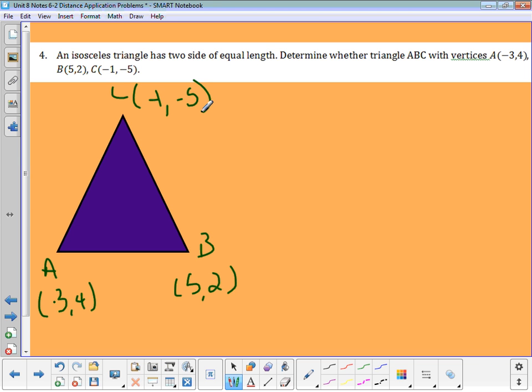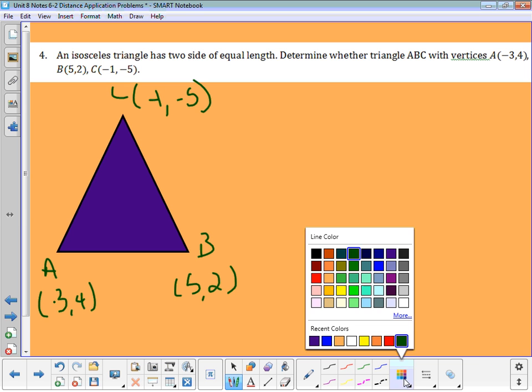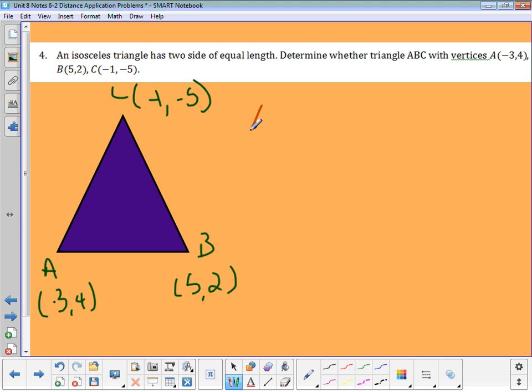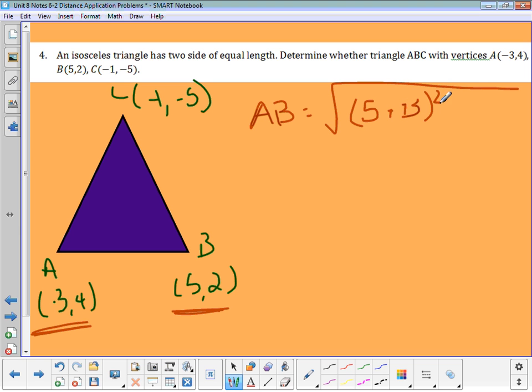Okay, so we want to calculate the distance of each of these sides. I'm going to start out by calculating the first one, and then I want you to calculate the rest of them. So I'm going to calculate the side AB. Okay, so I'm going to calculate the distance between this point and this point, just like I was doing yesterday. So I'm going to do x2 minus x1, so 5 minus a -3 becomes plus, y2 minus y1, and square it.